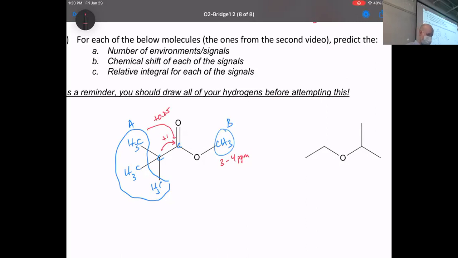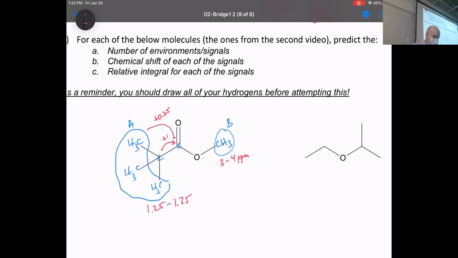Yeah, something like that. So maybe like 1.25 to 1.75. Again, because these are CH3s, I would expect them to be on the low end of that. So maybe 1.25, maybe 1.2, 1.3, something like that. Somewhere around that rough vicinity. That make sense? So not exactly where an alkane is, but not much higher than that.